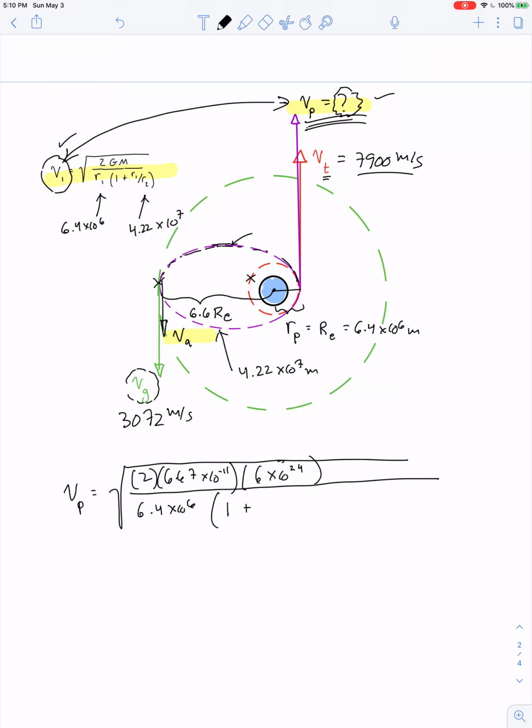Now we can write this one of two ways. Well, this value of 4.22 times 10 to the 7th came by multiplying 6.6 times the radius of the Earth, but R1 is the radius of the Earth. So really we can say this is just 1 plus 1 over 6.6.